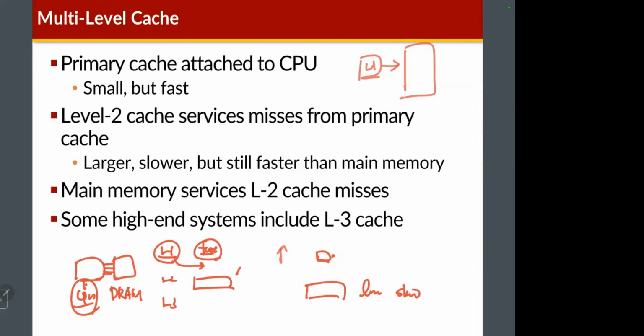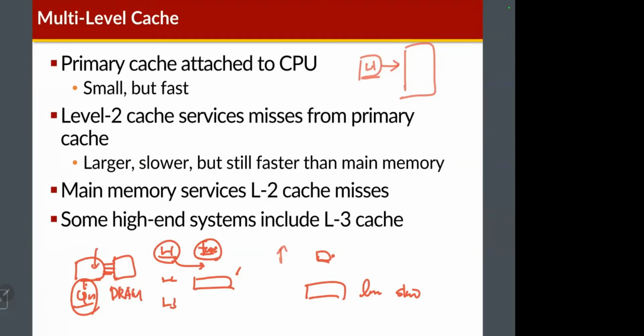And also it's very expensive. The pin count of this CPU chip is also very expensive, which means that we cannot implement a large bandwidth between the main memory and the CPU.